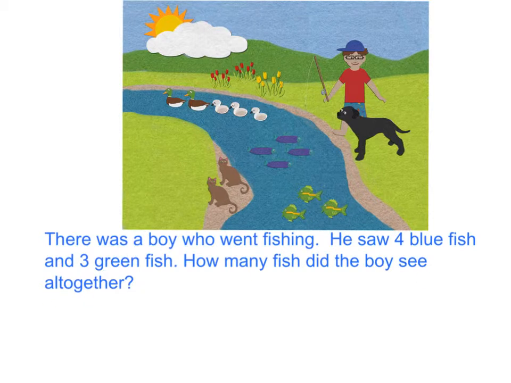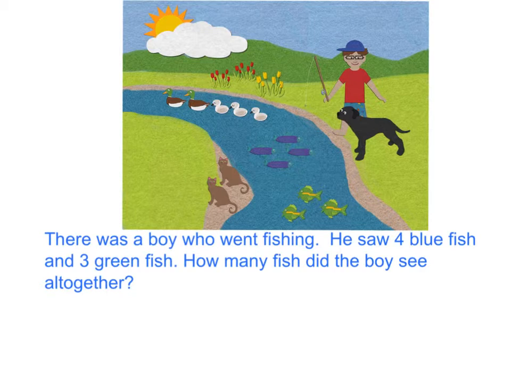Well, let's go back and take a deeper look and figure out what we're trying to solve for. First, we see that we're trying to solve for how many fish did the boy see altogether. And altogether tells us it is an addition problem. What are we going to add?